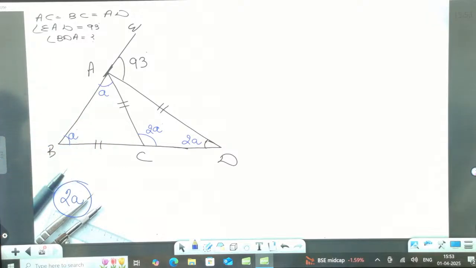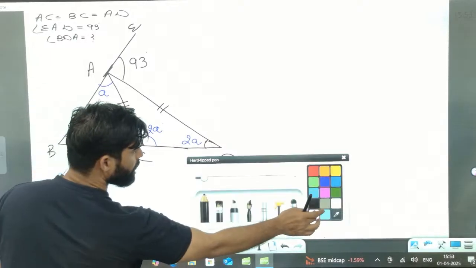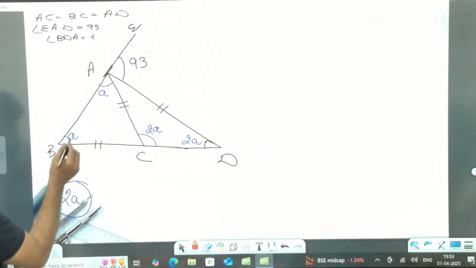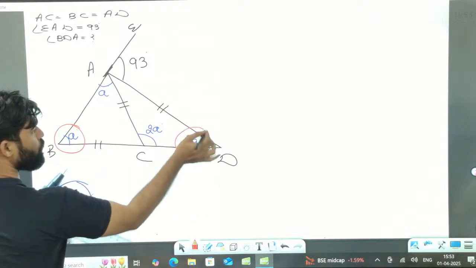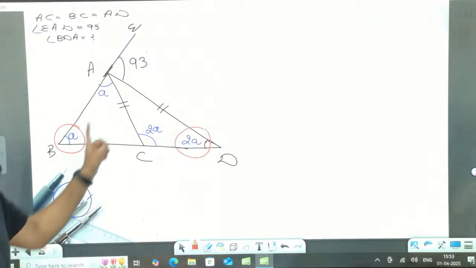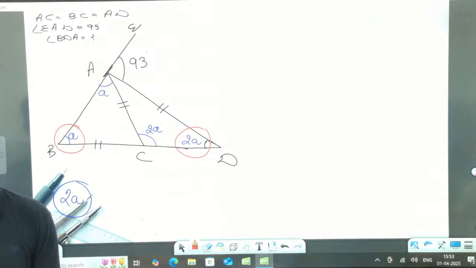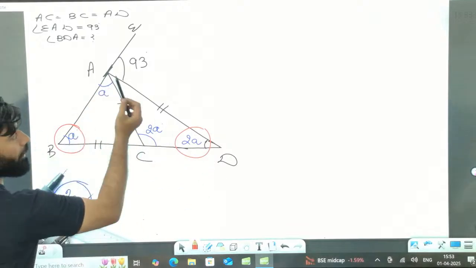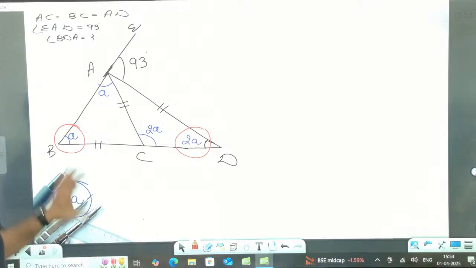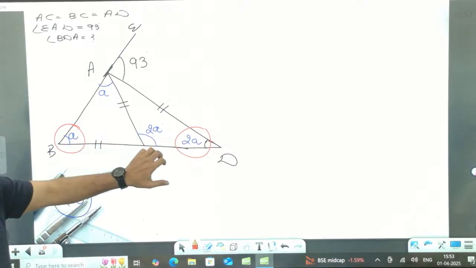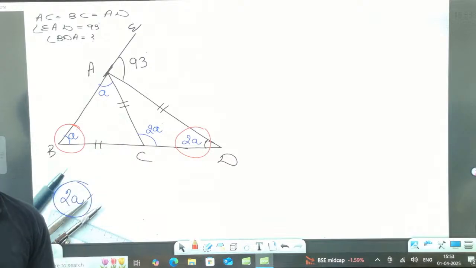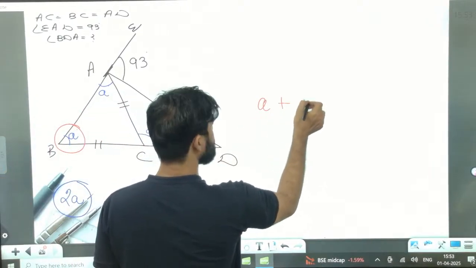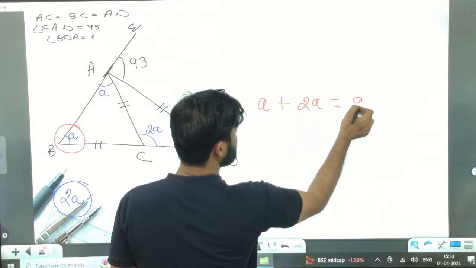Got it? Now we can apply the same thing here. This A and this 2A, after adding, will be equal to 93, because in the big triangle ABD, the sum of the two interior opposite angles is equal to the exterior angle. So I can write A plus 2A equals 93.